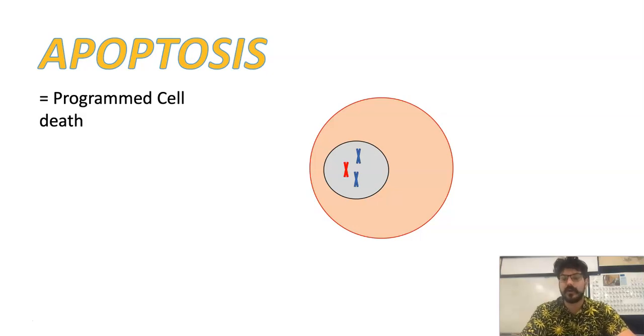The cell has a programmed death, which can be initiated from outside of the cell or initiated inside of the cell. Either way, we're going to look at this where the DNA was unable to be repaired. P53 has activated the apoptosis pathway, and the first thing that happens is that the DNA and nucleus are dissolved.